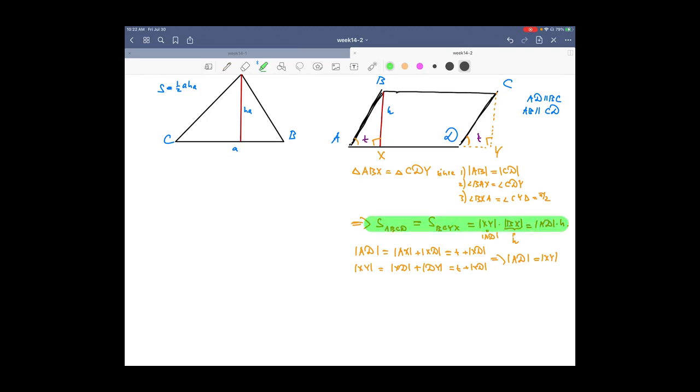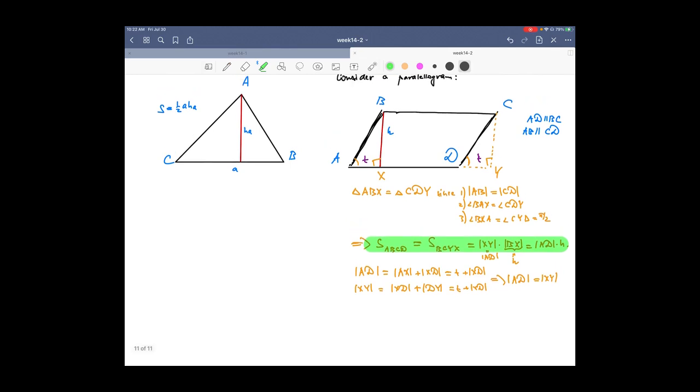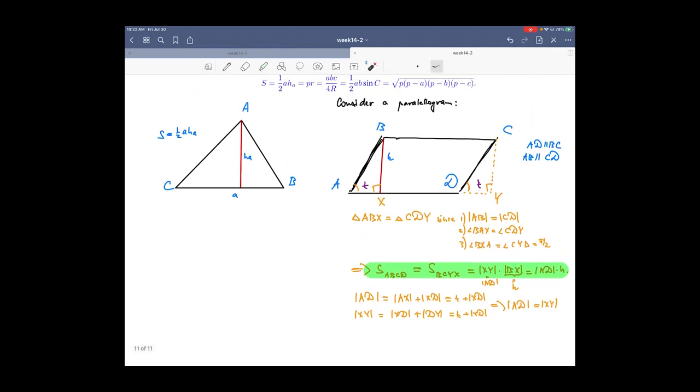Now, why is that important? That is important because the area of the triangle ABC will be equal to half the parallelogram built upon it. How do we build a parallelogram? Well, we draw a line through A parallel to the side BC, and likewise we draw through B a line parallel to the side AC.